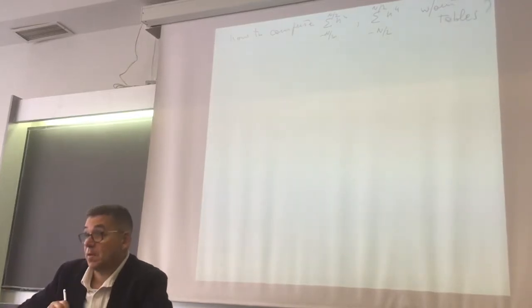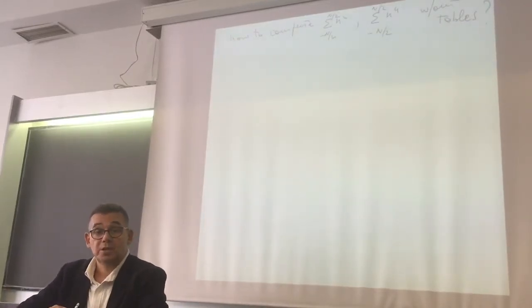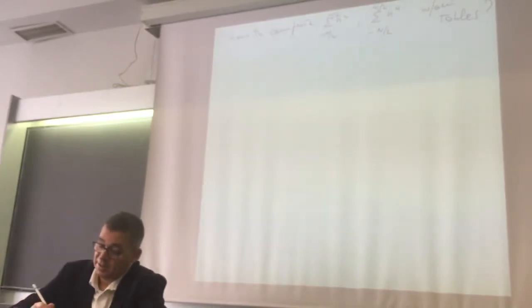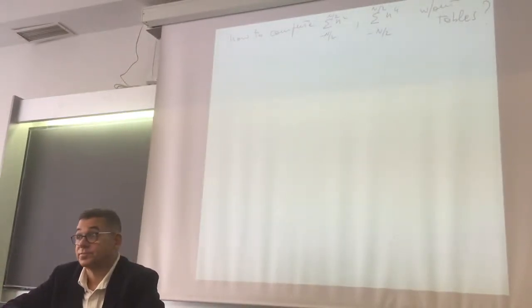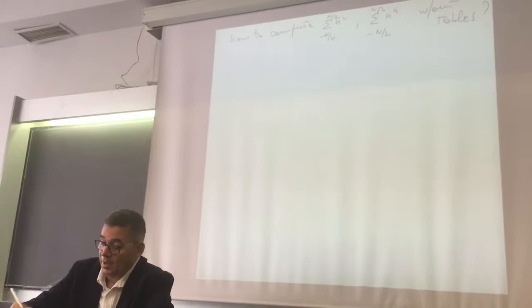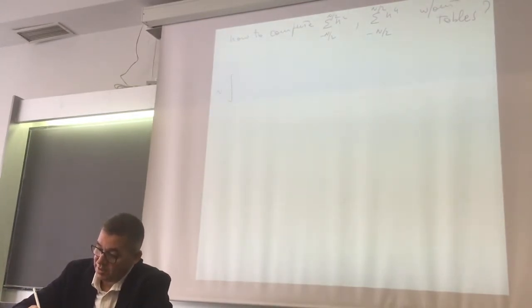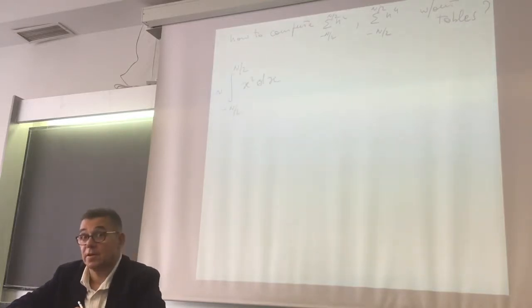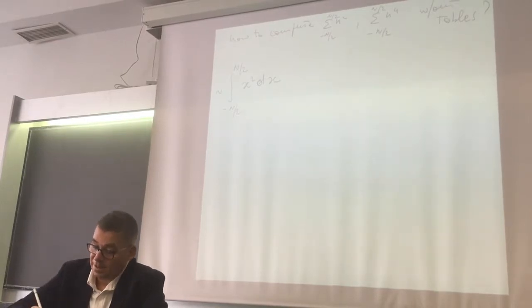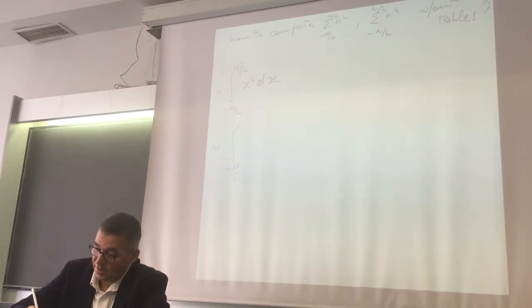Okay. So I can approximate this as an integral. That one is approximately an integral between minus n half and n half of x squared dx. And the other is the integral of x fourth dx.